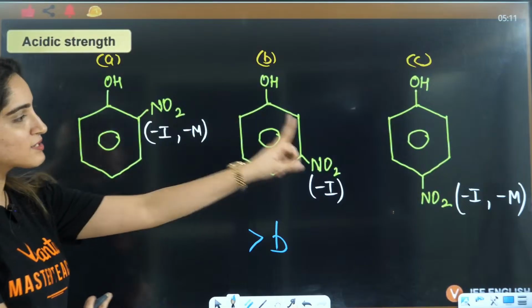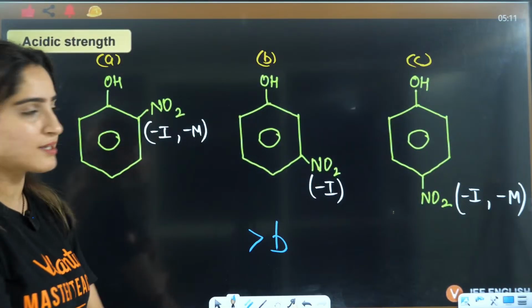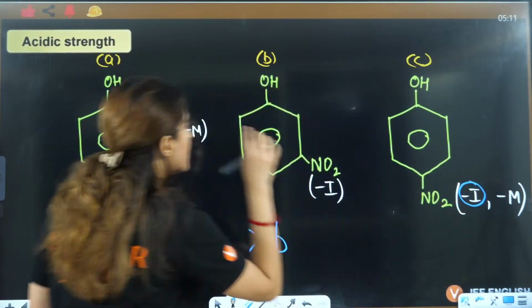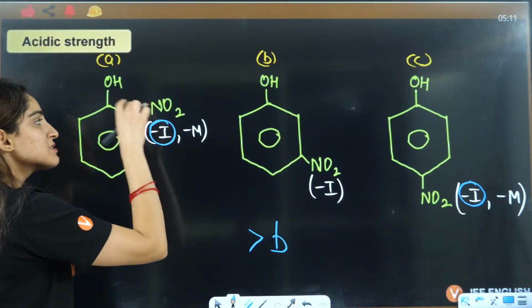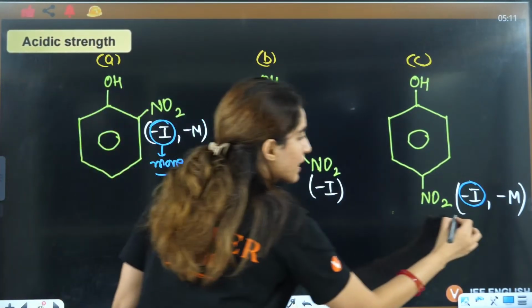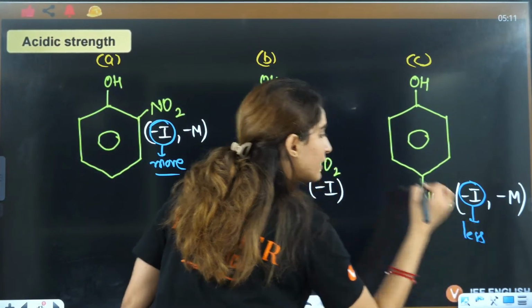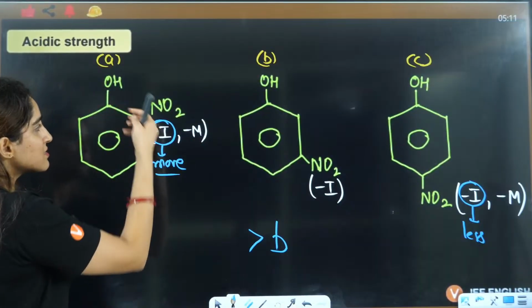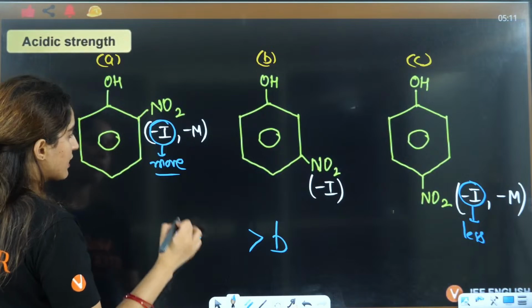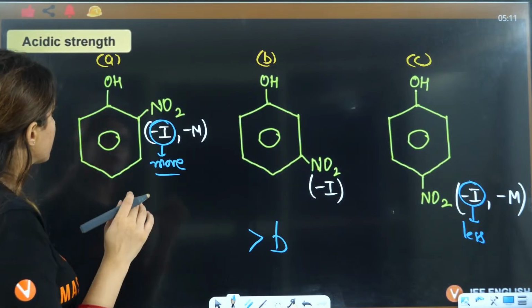Here you have minus M which will be the same to both extents, but here minus I will be more as compared to this, because here the distance is less, so minus I will be more. Here minus I will be less. Again distance oriented. That is the reason more minus I means this will be highly stable, right? No, wait a minute.